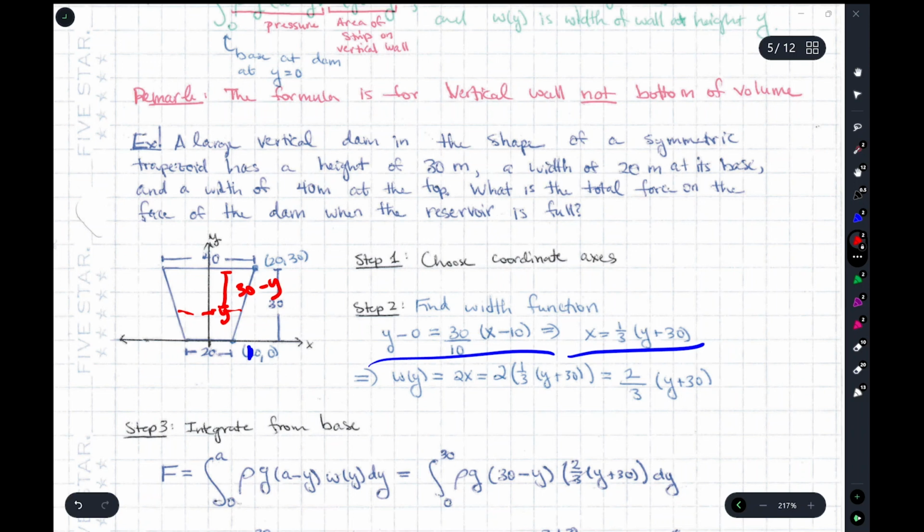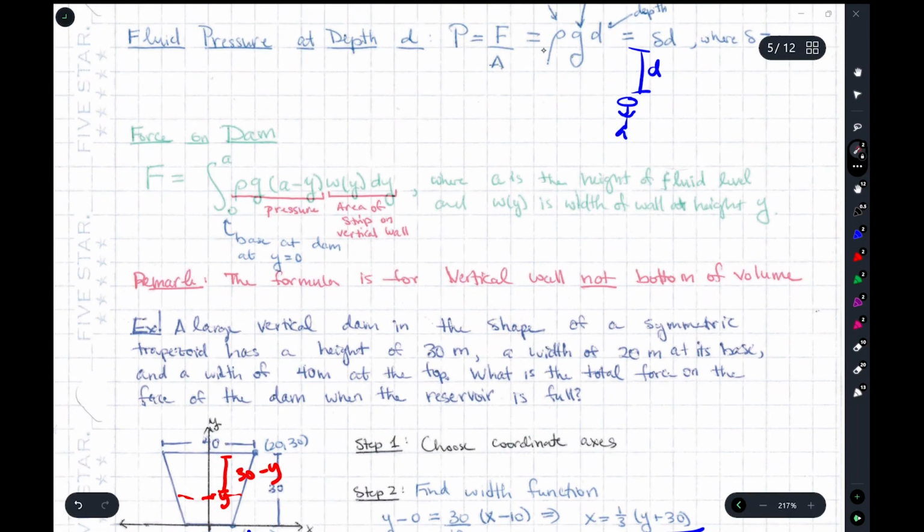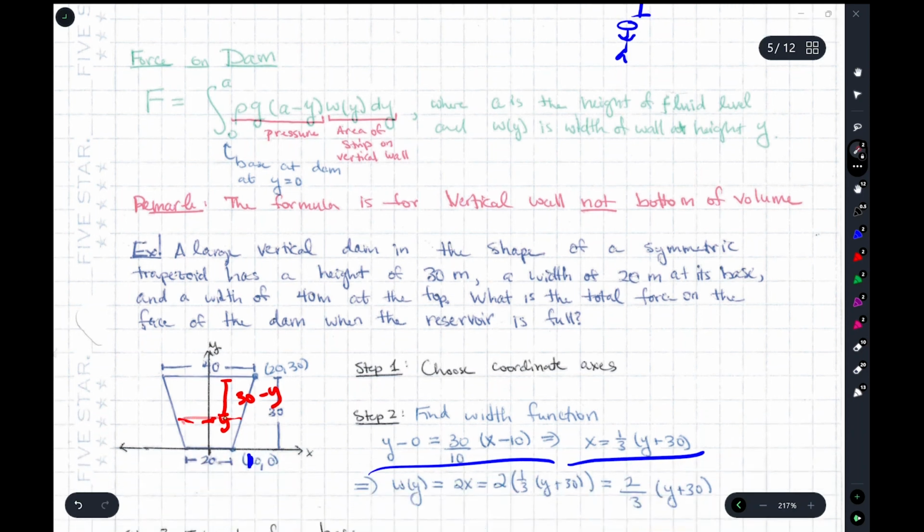So you can see where this 30 minus y is coming from. That's the depth that you're at. And so the pressure at that point, based on this formula here, is rho times g times (30 minus y). That's the pressure felt all along that depth there.